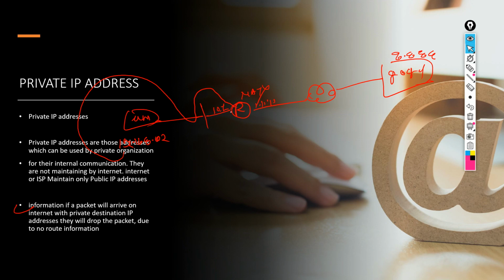So the packet will be received by the router, and it will send the packet to the public network, based on the source and destination. The source is 192.168.10.2, and the destination is 8.8.8.8. So it will blindly send it to the public network.